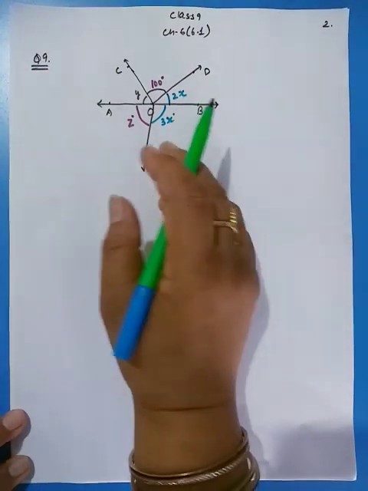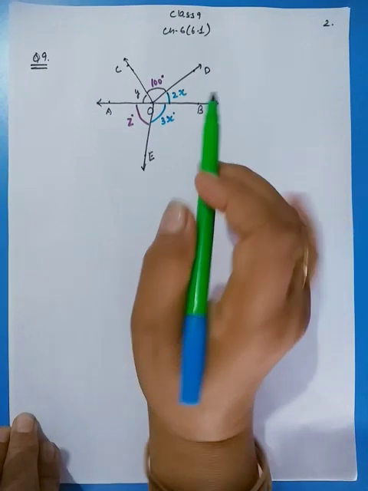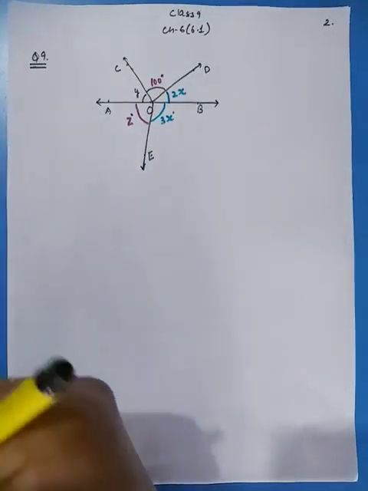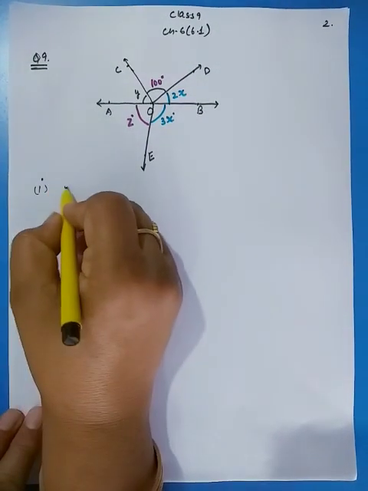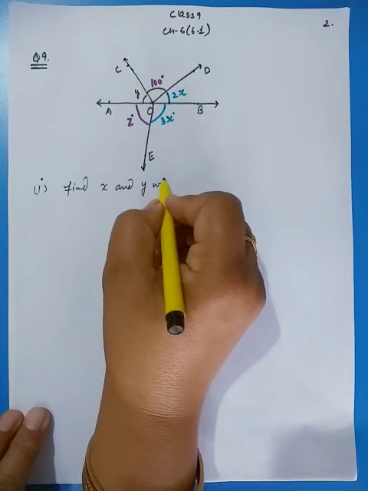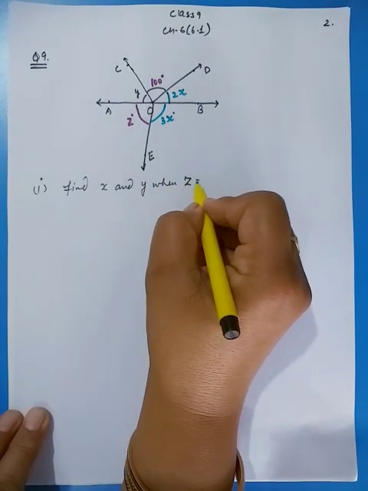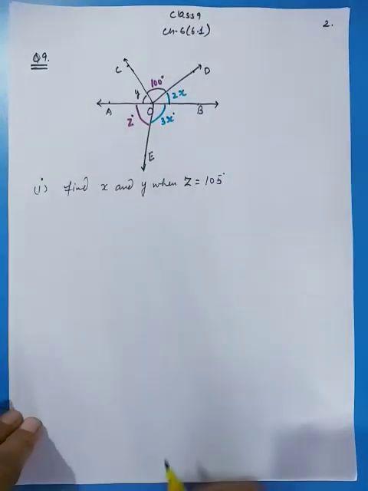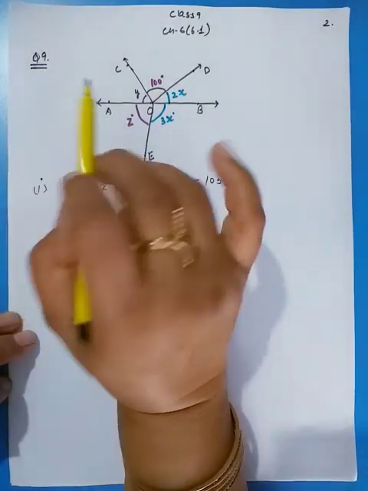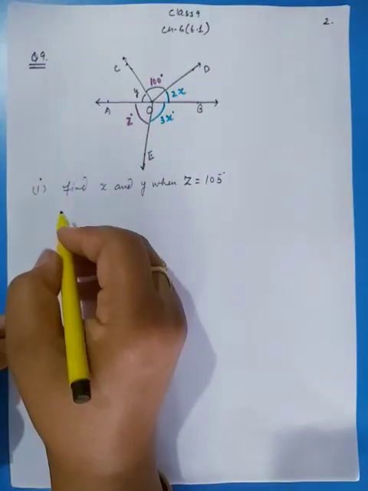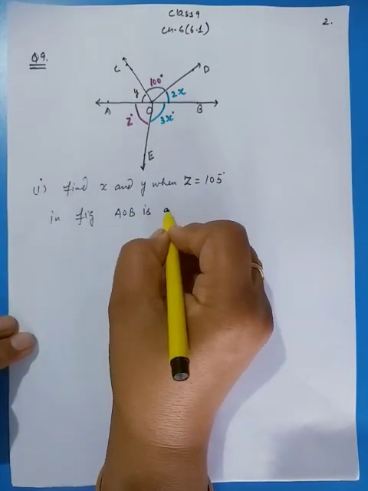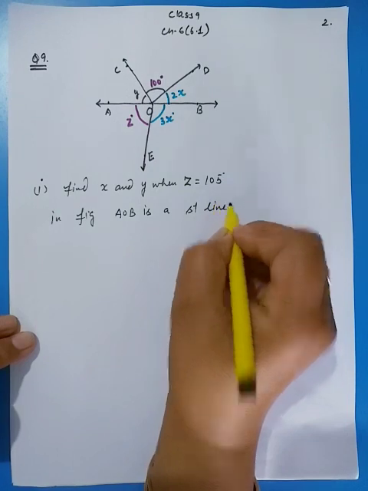So students, in this question AOB is a straight line, and this one angle is given. In the first part we have to find x and y when angle z is 105. So it means the value of z is given and we have to find x and y. So in the figure you can see AOB is a straight line.